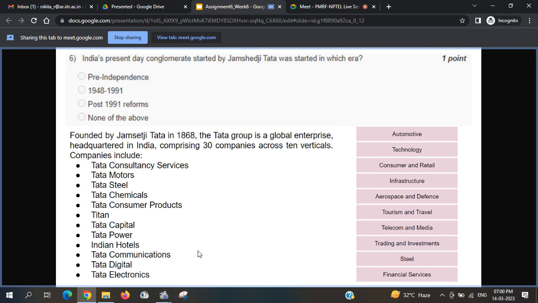The next question is: India's present day conglomerate started by Jamshedji Tata was started in which era? So this question actually pertains to India's history of economic growth, or India's economic and industrial growth over time.